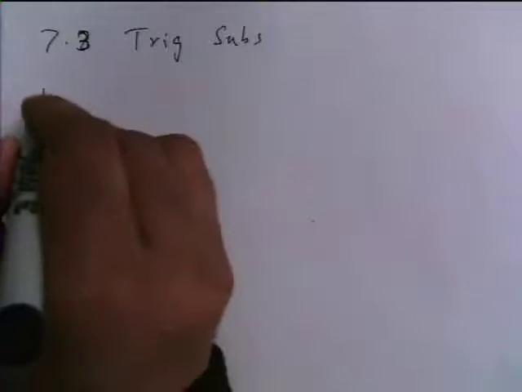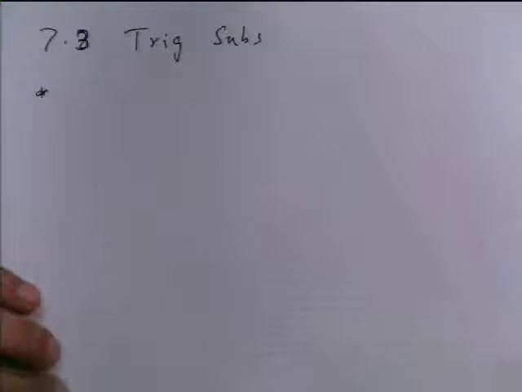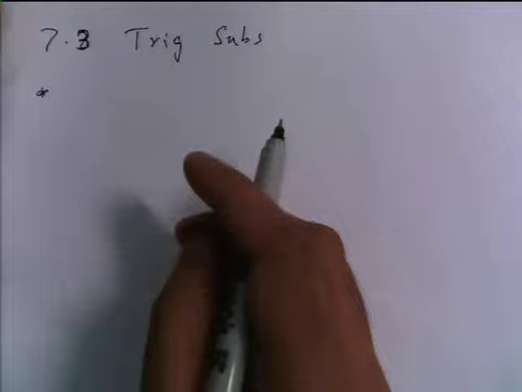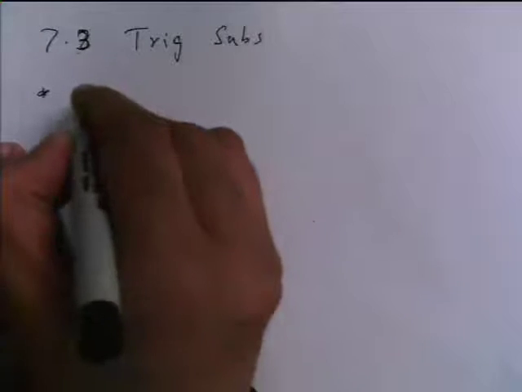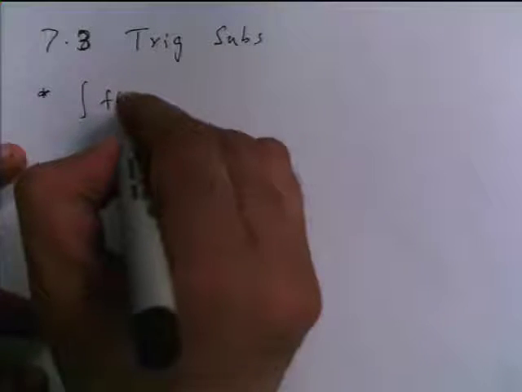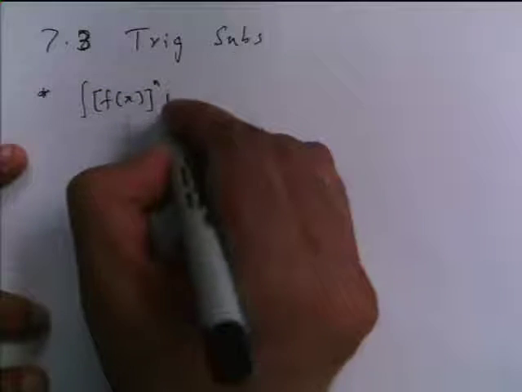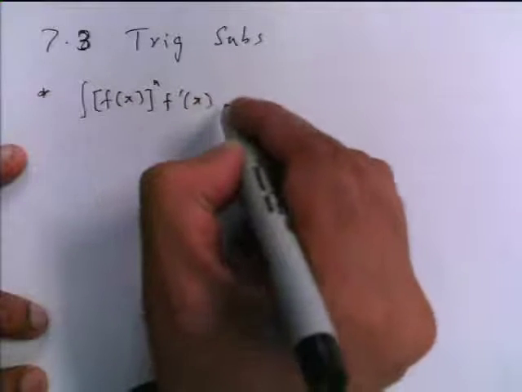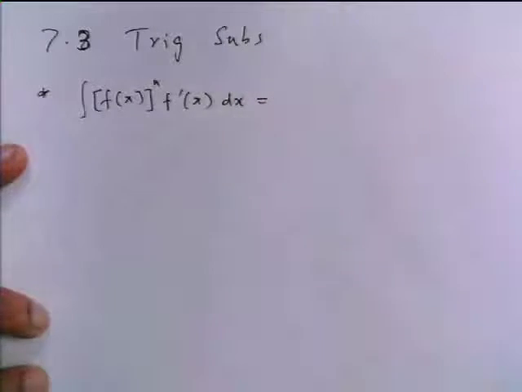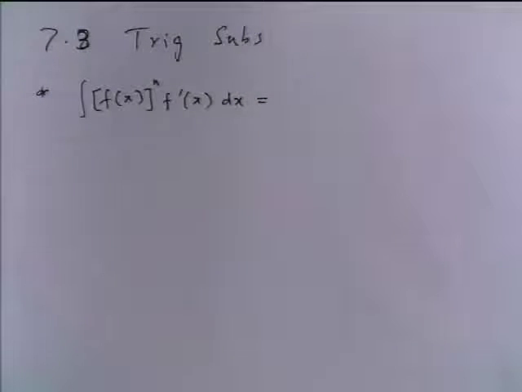So before we start, remember some of the shortcuts that we discussed in chapter 5, the first week. I'm going to recall two of them. The most important one is if we have a function to a power and you have the derivative of the function. This is basically a substitution problem, but you don't have to do that.